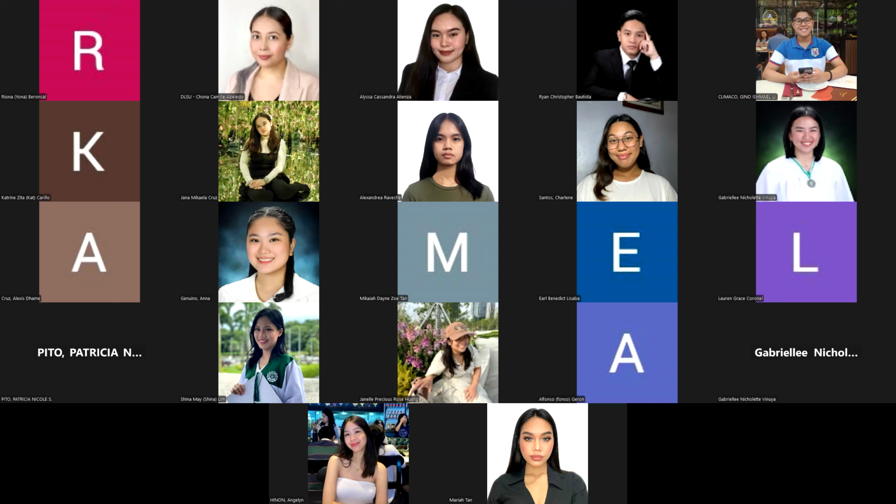Okay, so if you were able to read Cummings, there are two types of measures of precision. You have descriptive, and there are also inferential measures of precision. For the descriptive measures of precision, ginagamit lang natin siya to visualize how close the values are together or how far apart they are.